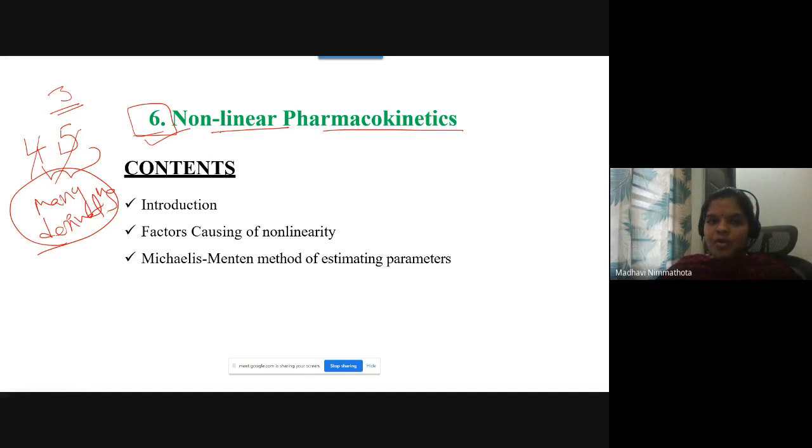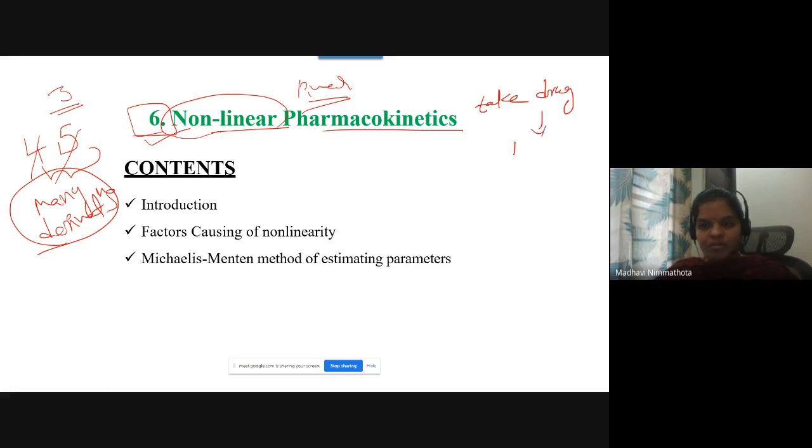So what do you mean by non-linear or linear? Once we take a drug, first we take it in the form of a dosage form. Then it will undergo absorption, distribution, metabolism and excretion in our body.